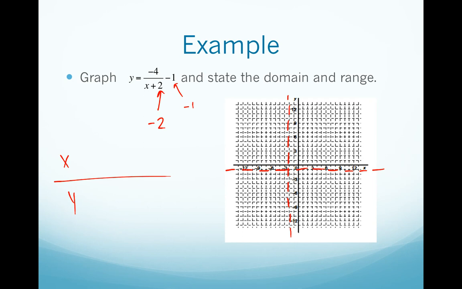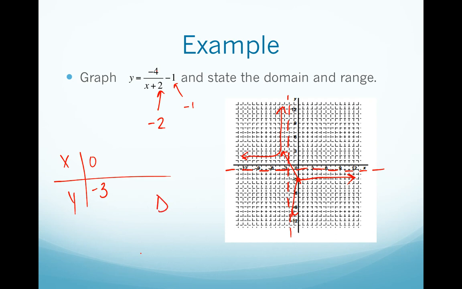We can make a t-chart. Maybe I pick x equals 0. If I plug in 0, I've got -4/2, which is -2. And then -2 minus 1 is going to give me -3. So at x equals 0, y is -3. Well, now I at least know what quadrant this is going to be in. So it's going to look something like this. And then it's always in the opposite quadrant. So the other one's going to look something like this without even picking any other x values.